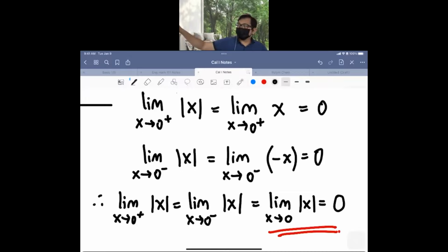Especially the left limit or right limit will be useful if we have a piecewise defined function and you have the intervals. Okay, I think we can take a break for a while.